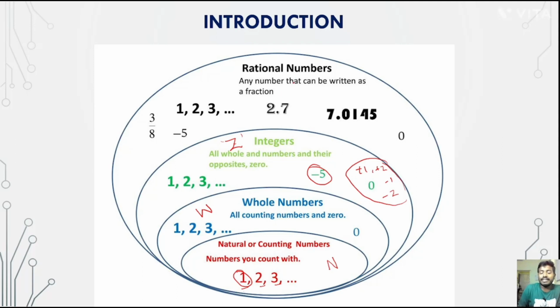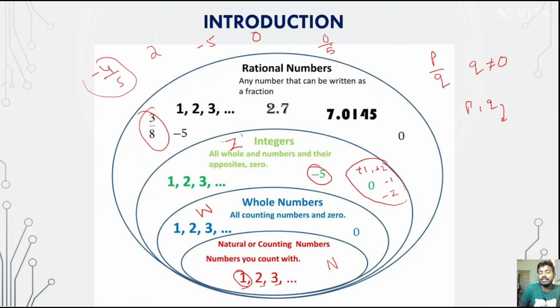Now next, rational numbers. Any number that can be expressed in the form p by q, where q is not equal to 0, and p and q are integers, is called a rational number. For example, 3 by 8 is a rational number, minus 4 by 5 is also a rational number, 2 is a rational number, minus 5 is a rational number, 0 is also a rational number, and 0 by 5 is a rational number.